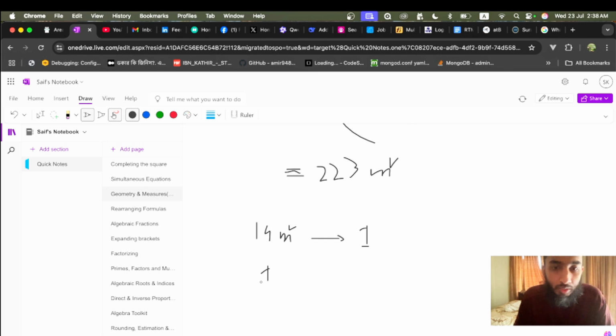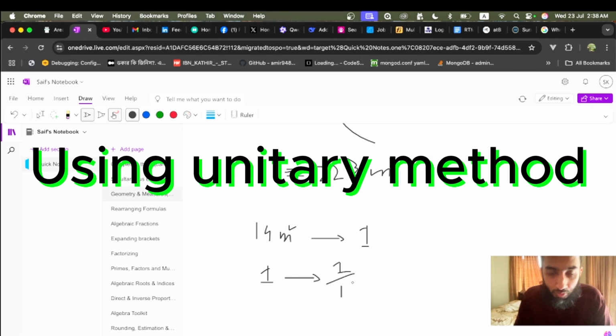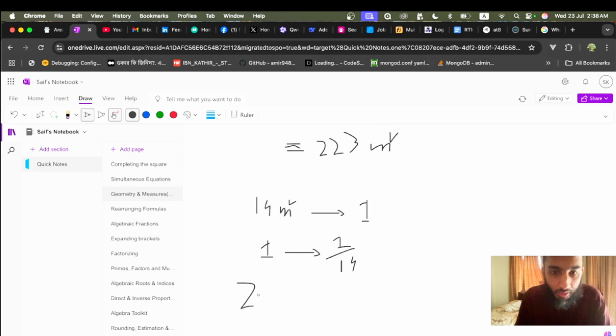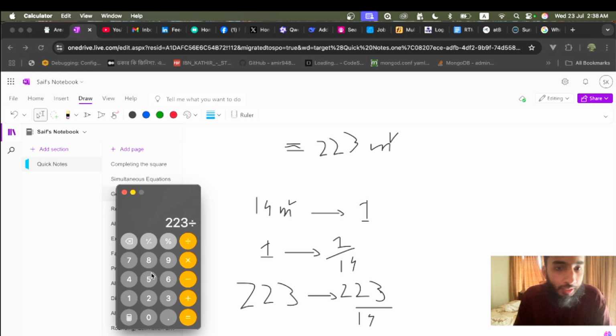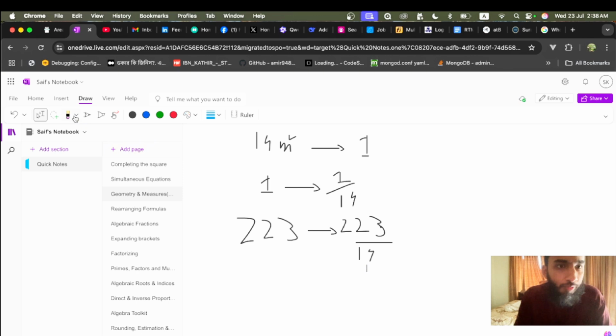So 1 meter square requires, using the unitary method, 1 by 14 of a bag, and 223 meter square requires 223 divided by 14. If I use the calculator and divide 223 by 14, I get 15.92. So it's roughly 16 bags.